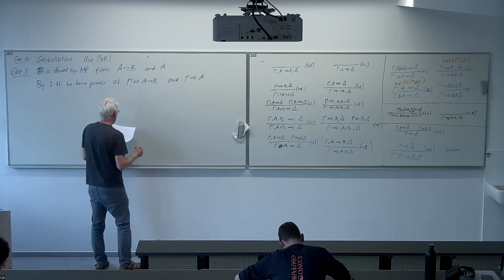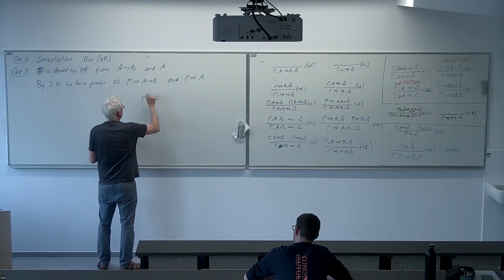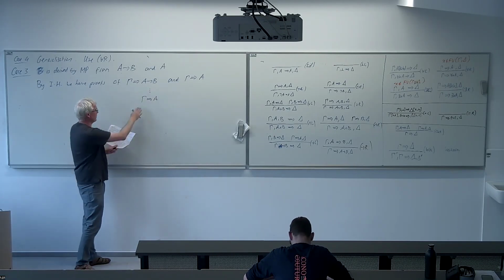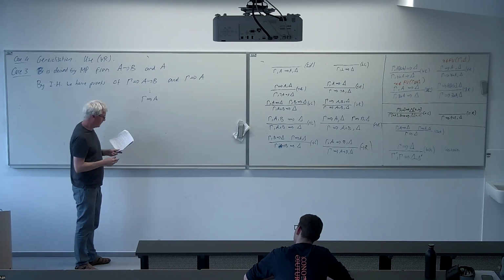So what we do is we take our proof that A follows from gamma. So we've got the proof of this sequent. The dot, dot, dots just mean we're using the proof we've already got.